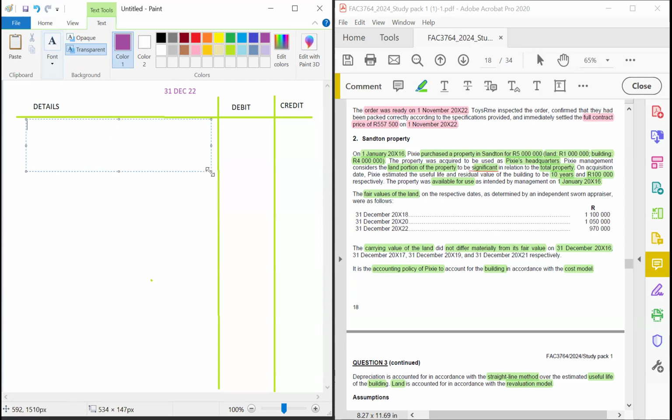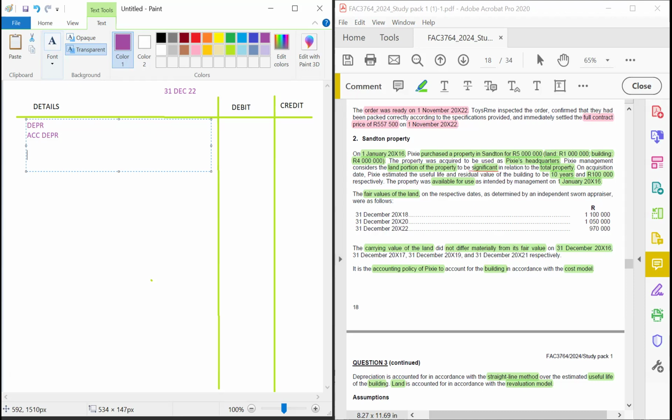With regards to the subsequent measurement of a PPE item, what you would have is the depreciation. Because this building wasn't sold, there's nothing more that you can do but to recognize depreciation, right?